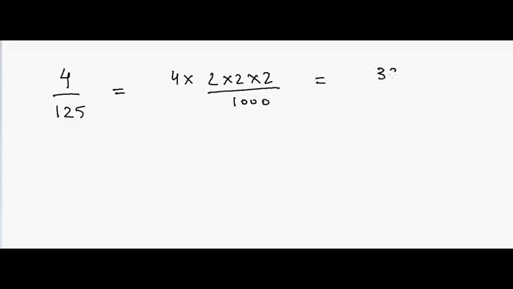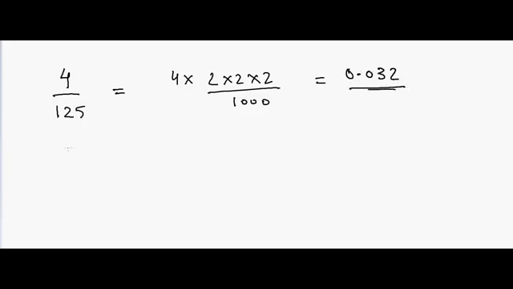Another example will be to divide by 125. If I have 4 and I want to divide by 125, how will I do that? That will be equal to 4 into 2 into 2 into 2 divided by 1000. So 4 into 8 is 32, so we have 32 and we put a 0 here, so that's our answer.